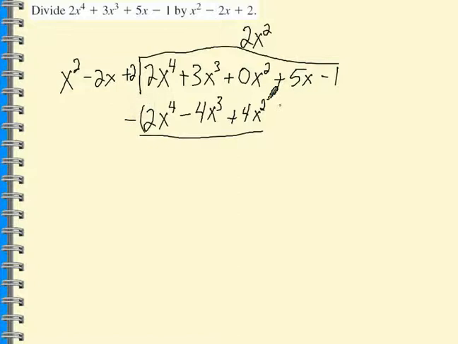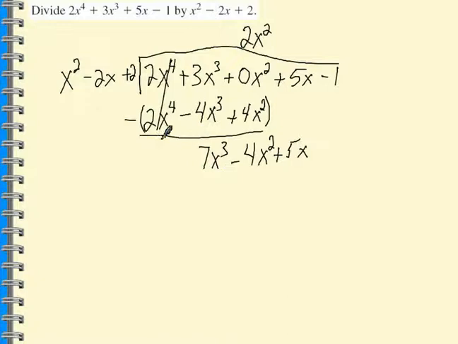Remember, we want to subtract that from what we have there. Okay, we subtract those, they go away. We subtract this, we get a 7x cubed. Remember, 3 minus a negative 4 is 7. And then we subtract here, we get minus 4x squared. Okay, and then we'll go ahead and drop down the plus 5x.